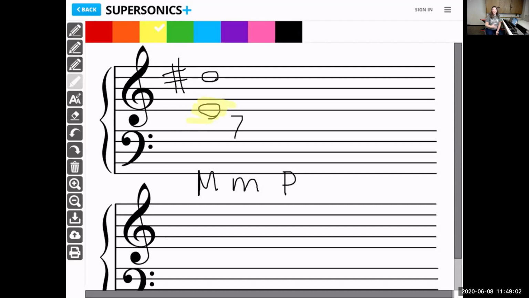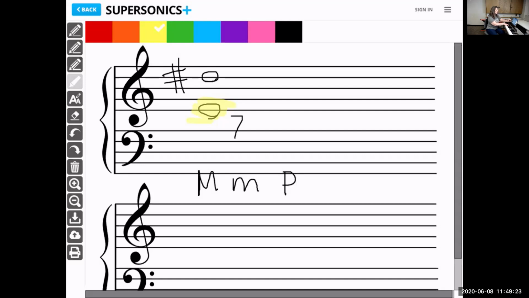D sharp naturally occurs in the E major scale, and it may not sound very major. There's your major scale, and here is the interval of a seventh, the major seventh. Okay?